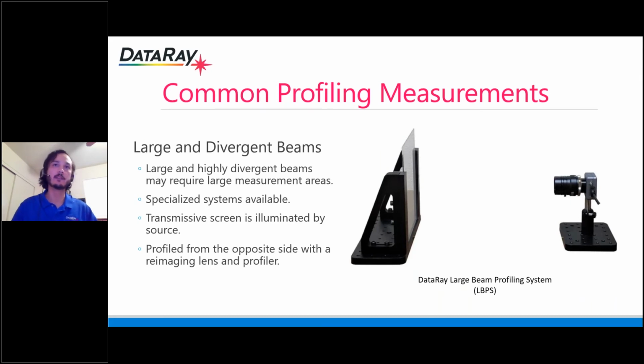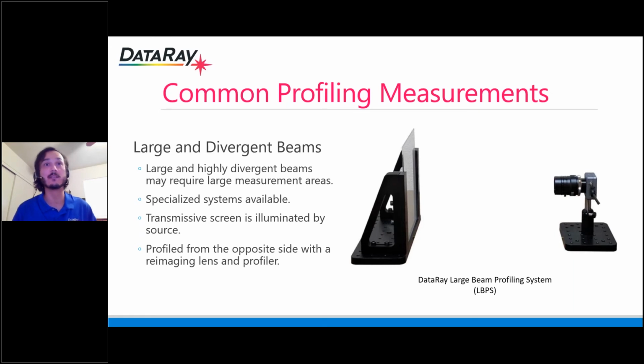One more consideration, which comes up a lot, is if you have a large or highly divergent beam. With large and highly divergent beams, by the time you can profile them, their diameter is generally quite large. This necessitates either a large active measurement area or something else. So we have specialized systems available for these large profiling systems.